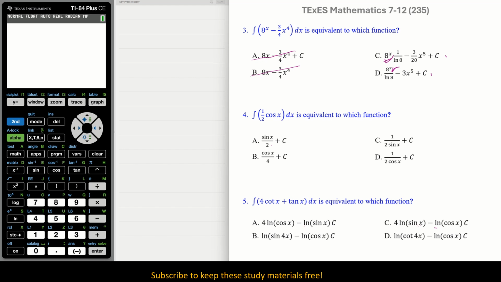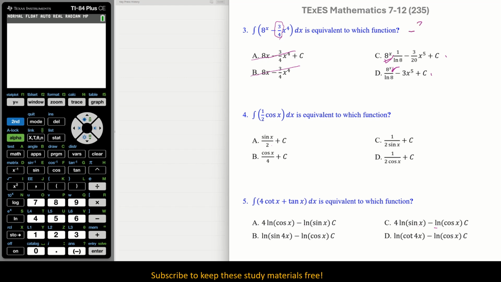But let's look at how you integrate that second term. The negatives I agree with. Now remember, I said the K, the coefficient, which in this case is 3 over 4, they remain the same. They do not change, but they can be multiplied to a value later. Okay, so what should we have?